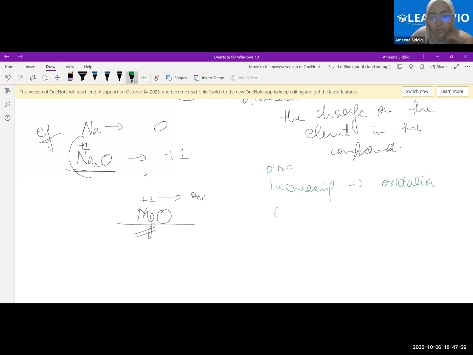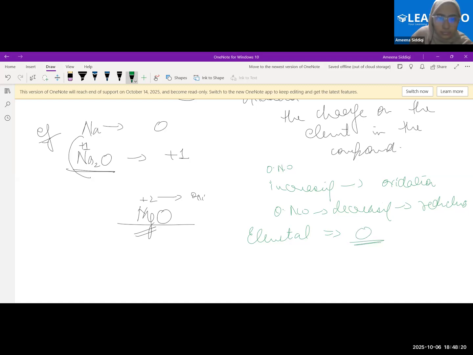And if the oxidation number is decreasing, what is it? Reduction. And the elemental form, that means without any bonding, is present as it is, just the element or the atom. Therefore, no bonding, therefore, no charge, therefore, no oxidation number.